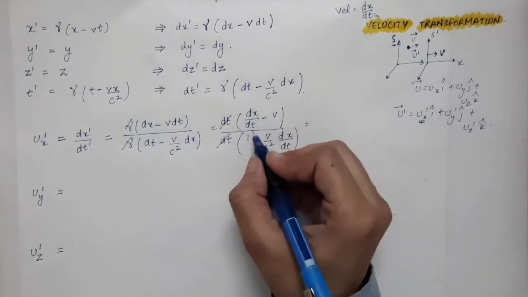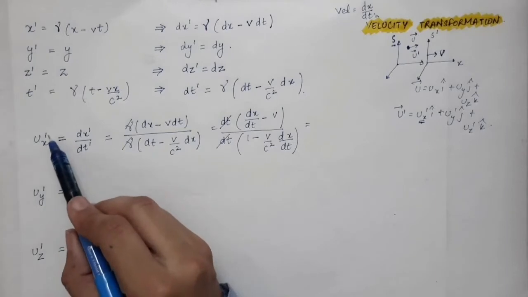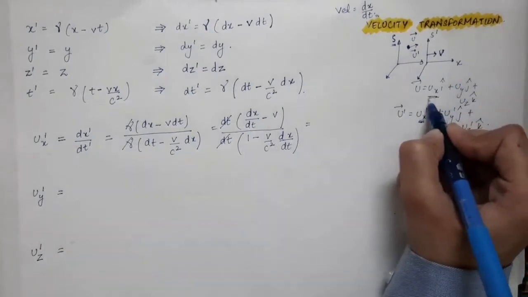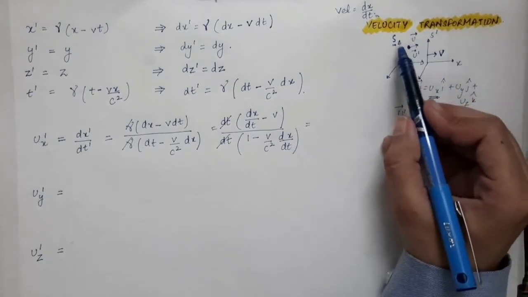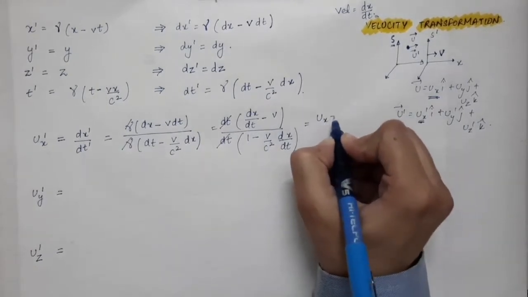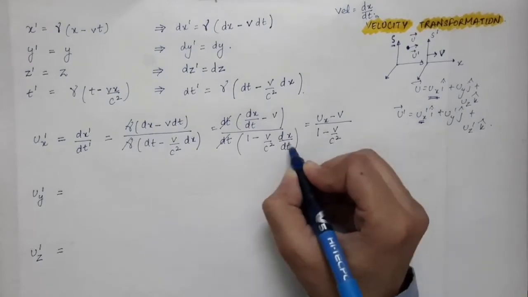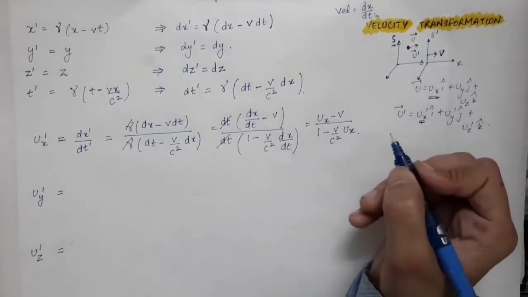Now what is dx by dt? So dx prime by dt prime is nothing but ux prime. So dx by dt will be ux. So this is the x component of the velocity of the particle as seen in S frame. So this will be equal to ux minus v divided by 1 minus v by c square, and dx by dt is nothing but again ux.